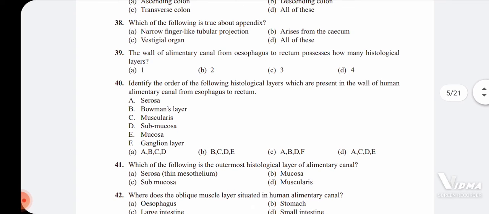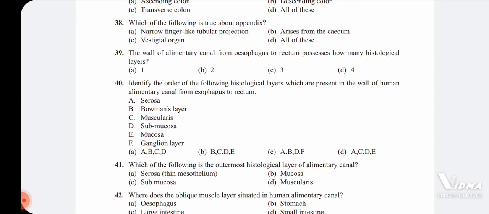Next question, the wall of alimentary canal from esophagus to rectum possesses how many histological layers? Histological layers means the internal tissues or internal structure of the wall of the alimentary canal.